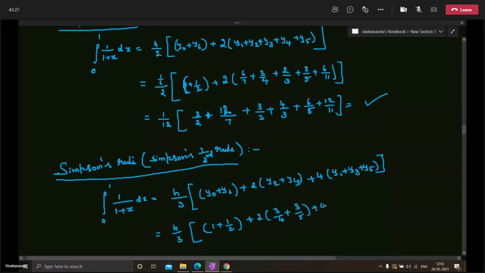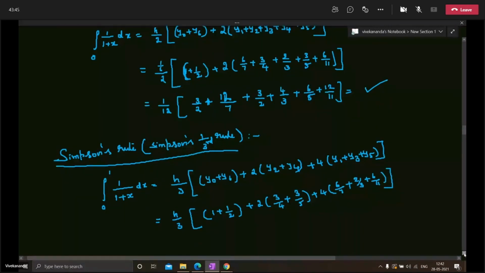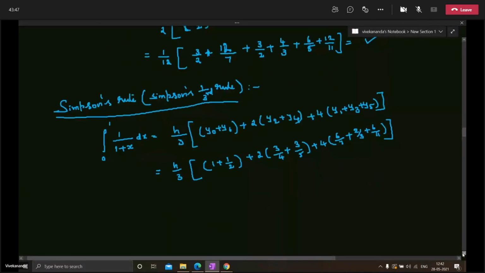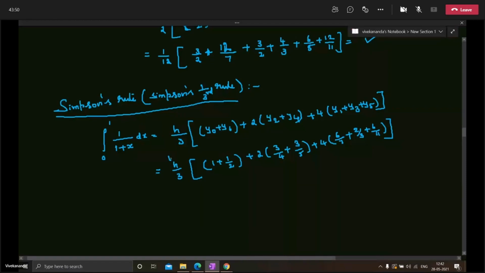Plus 4 into y1, y1 is 6/7, y3 is 2/3, y5 is 6/11. Here h is 1/6, no? 1/6, so it becomes 1/18.